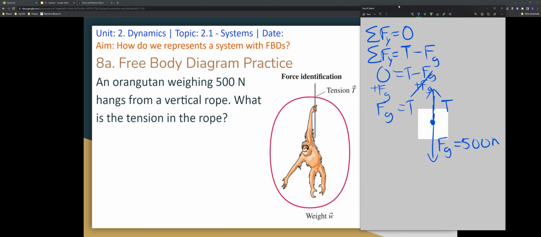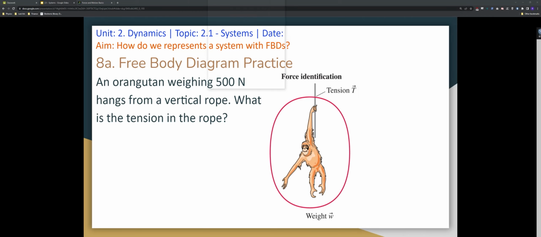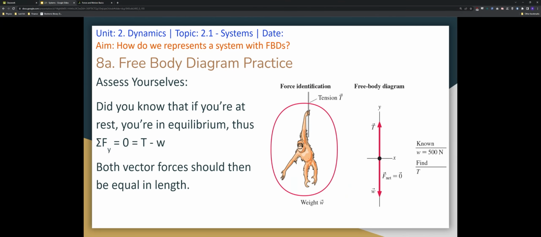It's 500 newtons. Because Fg is 500 newtons, we know that tension is also 500 newtons. How weird is that? It's crazy. So essentially this explains it.